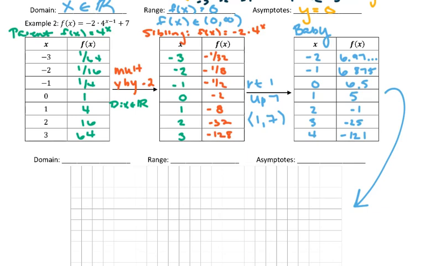You didn't do anything there, so your domain for that sibling function is still going to be x as an element of all real numbers. And then when you got to the baby function, the x values, you added 1 to them. But since they're all real numbers, if you add 1, it does not change anything. So the domain is still going to be x as an element of all real numbers.